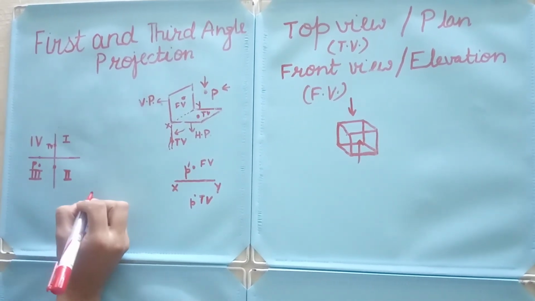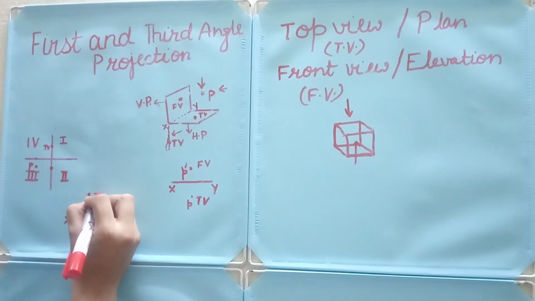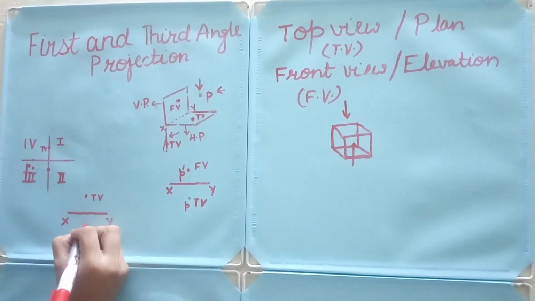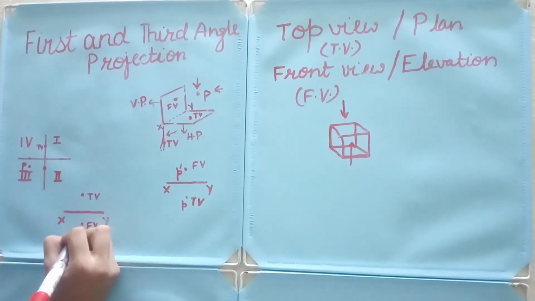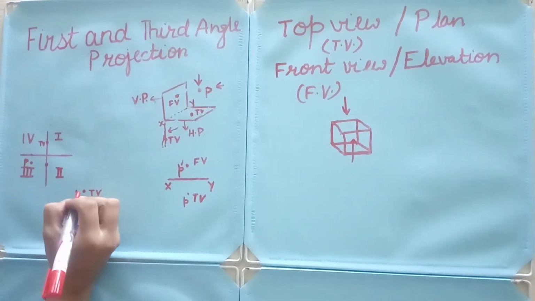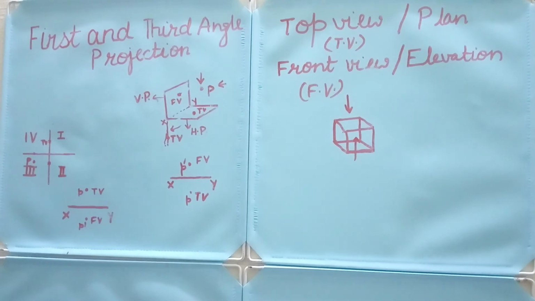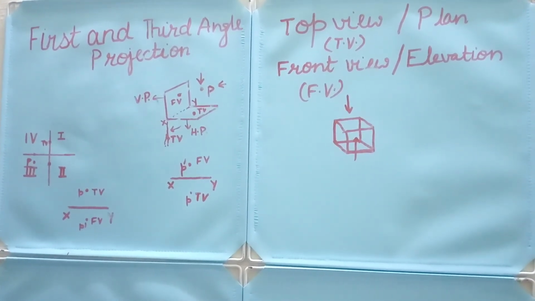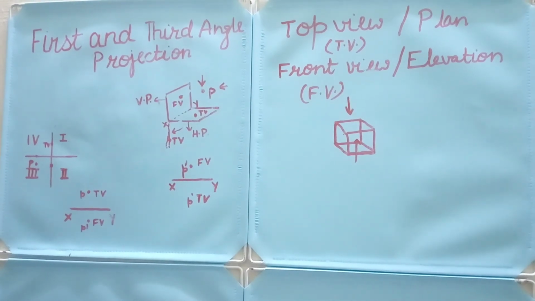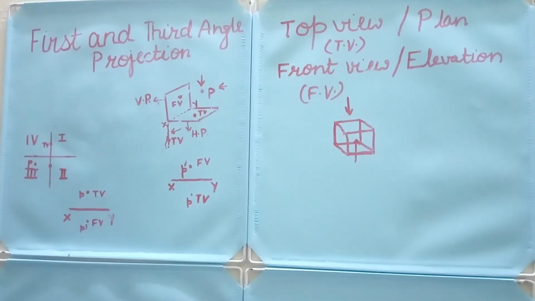So the top view will be on the upside and the front view on the bottom side: p dash and p. So in third angle projection, the top view is always above the XY line and the front view is always below the XY line.